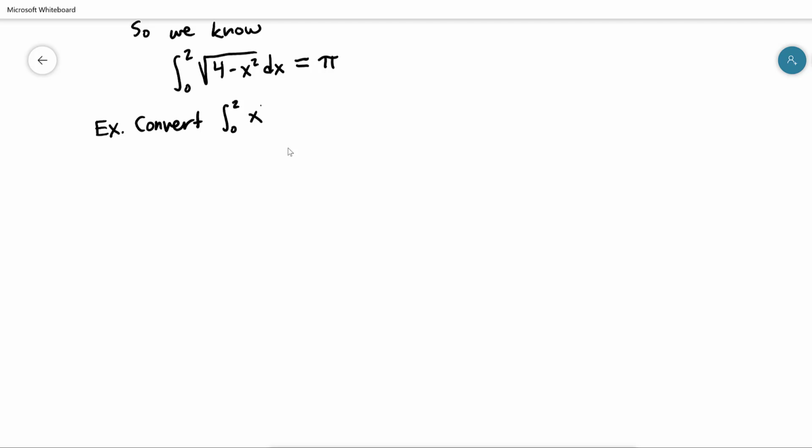Let's do a quadratic: x squared minus 2x plus 1 dx. Oftentimes, some people will throw parentheses around there to make it clear that we're taking the integral of this entire thing. I'm fine with you leaving off the parentheses. It's pretty clear that the whole thing is what we're interested in. But I want to convert this to a Riemann sum.